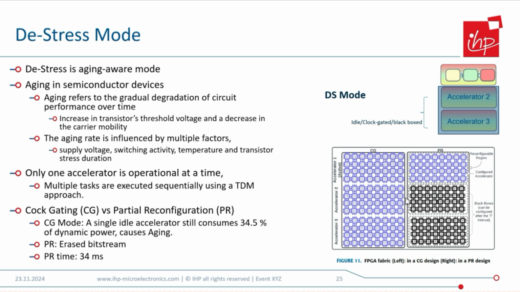There is no bit stream being programmed here, and this can lead to maximum savings in the dynamic power consumption. And after a given time, we can program this central part of the fabric while making the other two black boxes, so that we can evenly distribute the stress across all three accelerators.